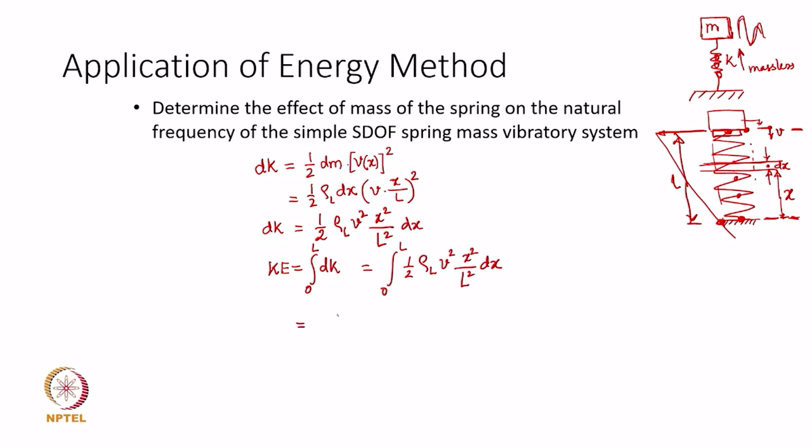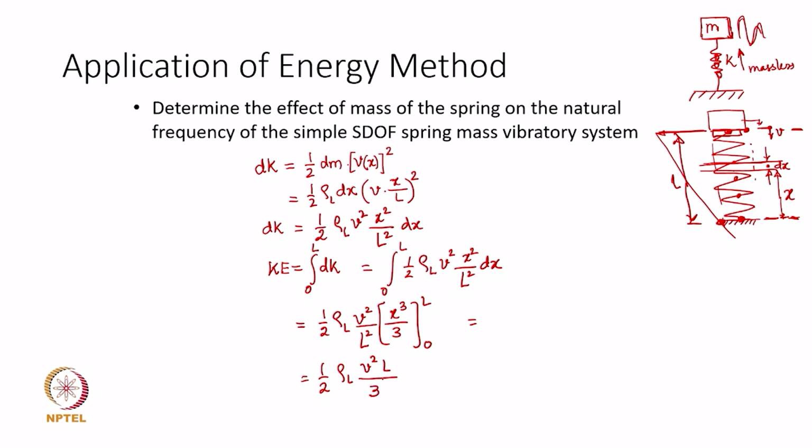Which is going to be 0 to L, half rho L V square x square by L square dx, and that we can show is equal to half rho L V square over L square, x cube over 3. If you solve this, you will get half rho L V square L upon 3.